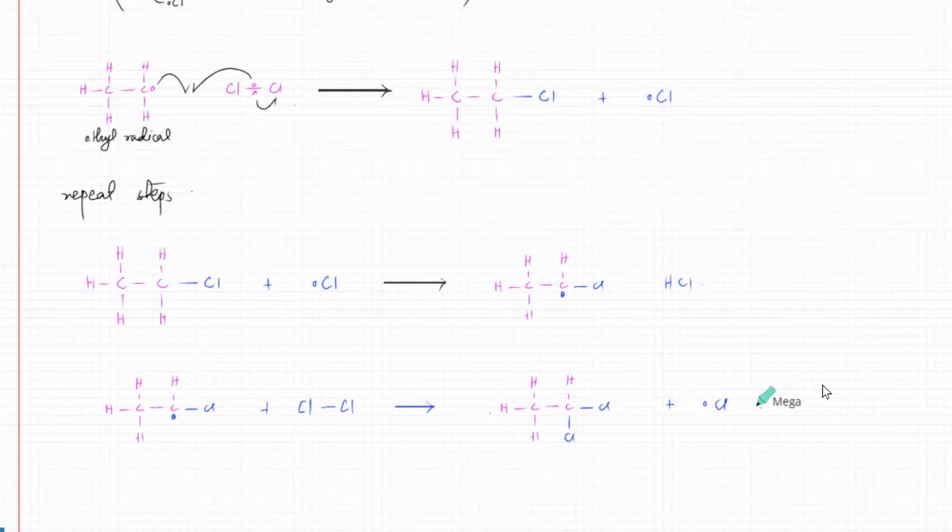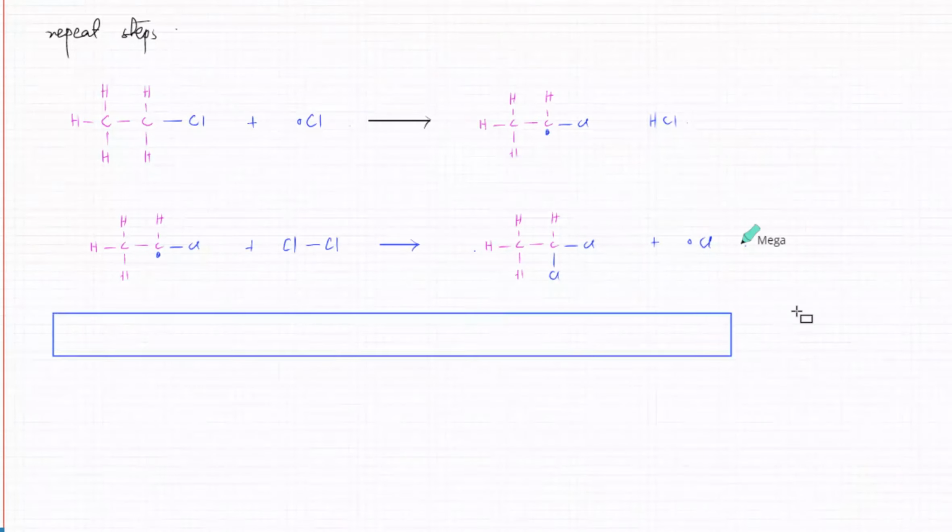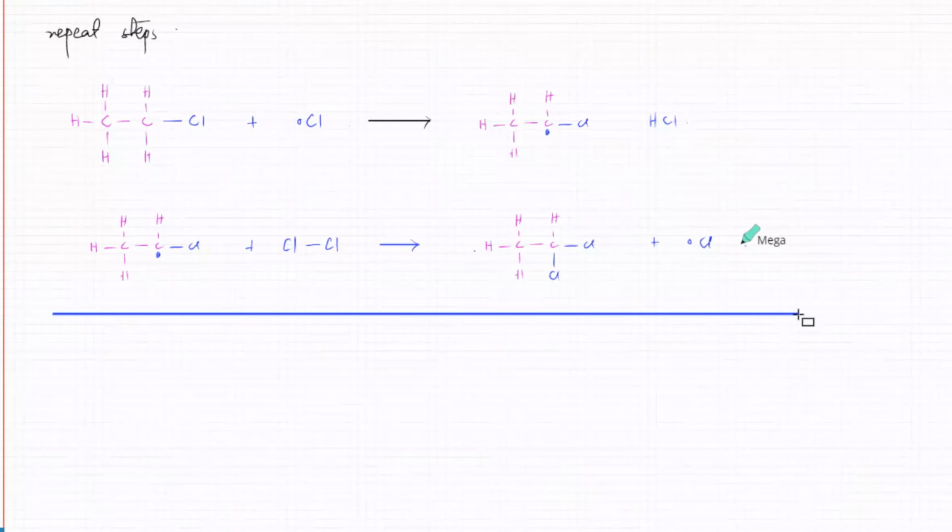Then again repeat. The Cl radical will again attack one of the hydrogens and take the hydrogens from it. So I'm just going to repeat it one more time. The same process repeats again.